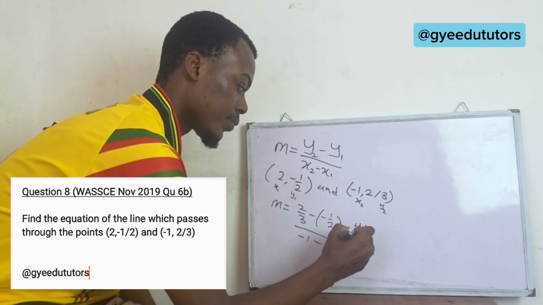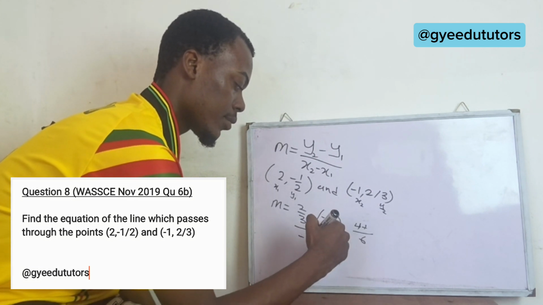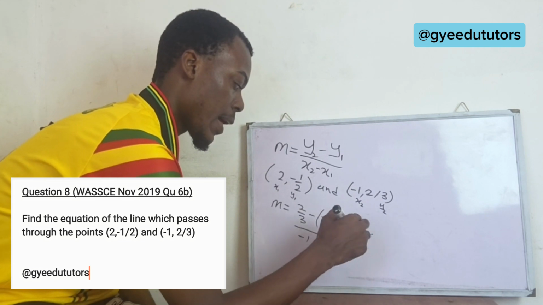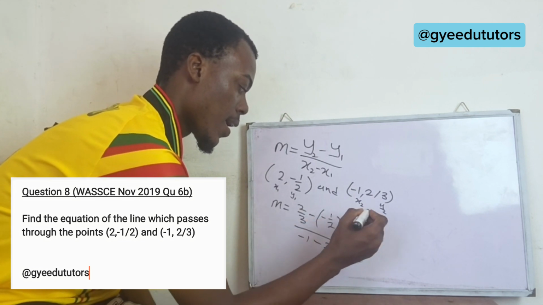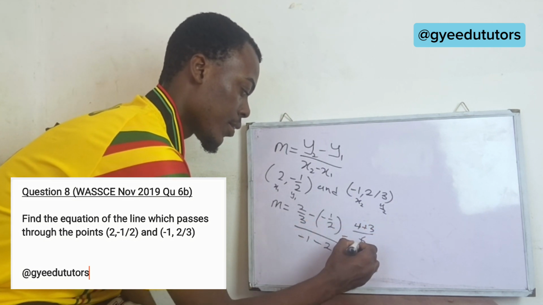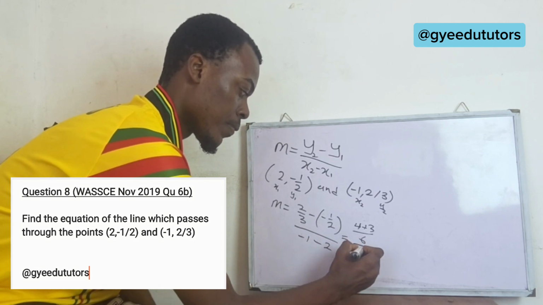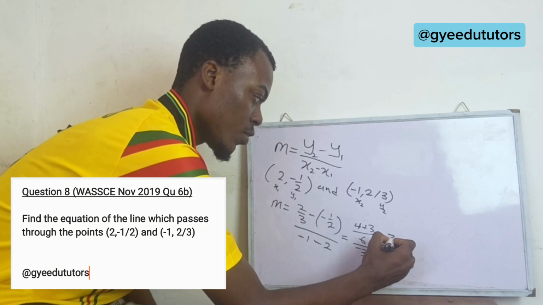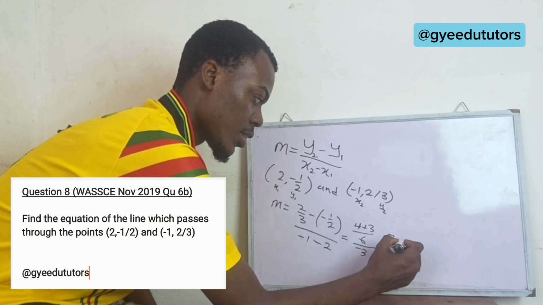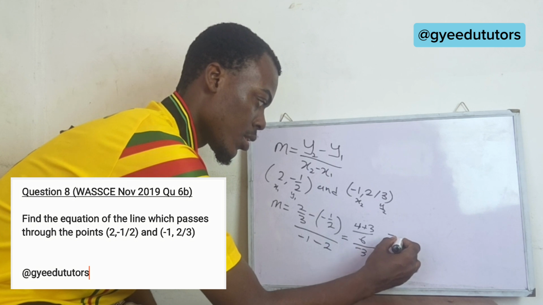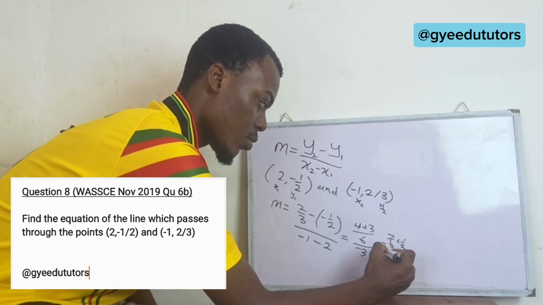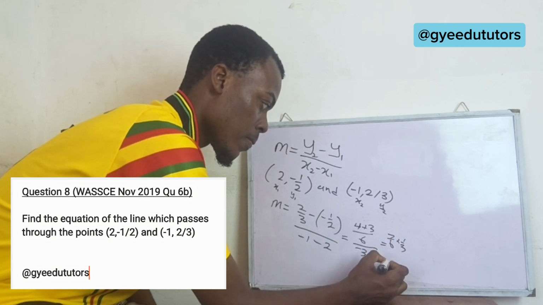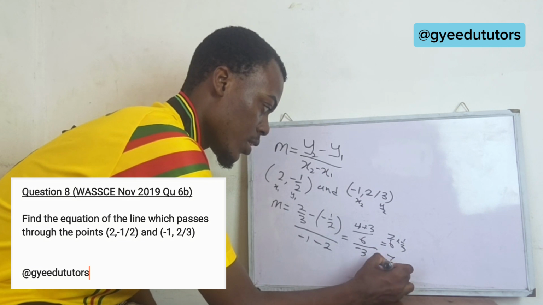4 plus 3 over 6 over -3, which is equal to 7 over 6 times 1 over -3, which is equal to 7 over 18.